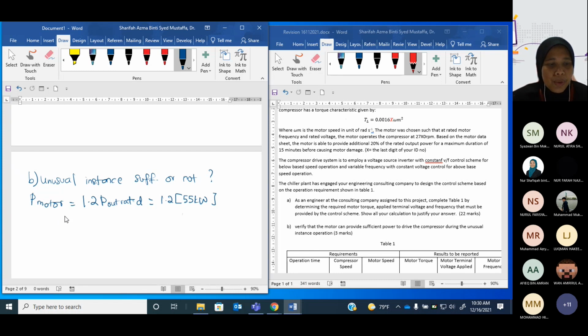Okay. So now, how do we calculate P out? Is this the value that we should use, this 50k? Is it the correct value?